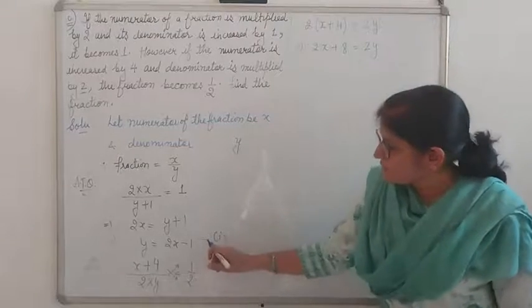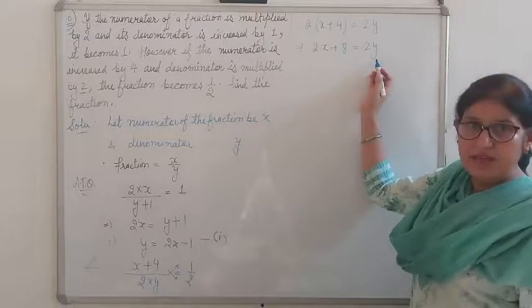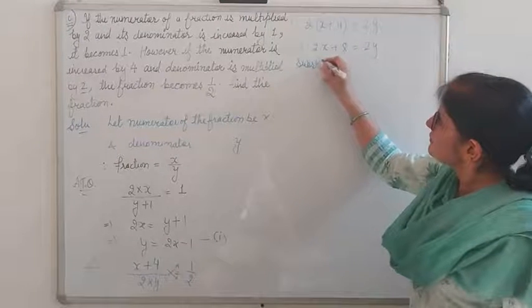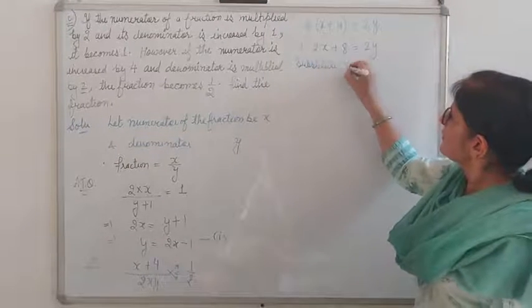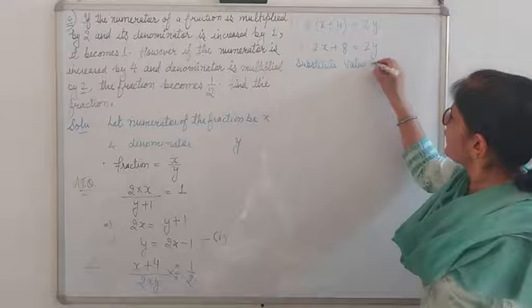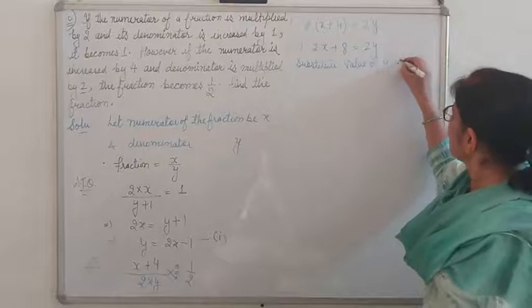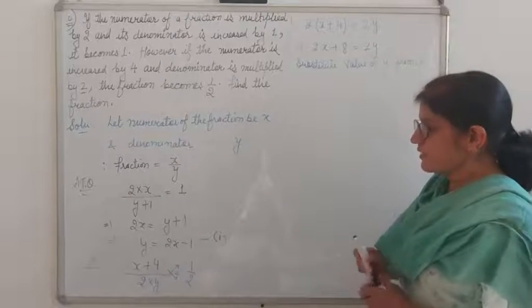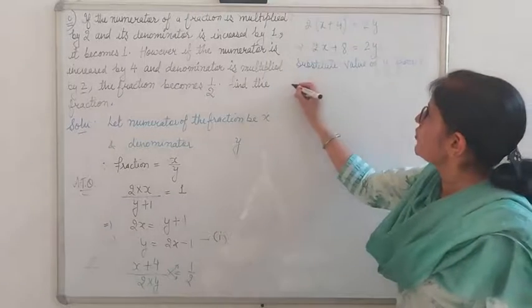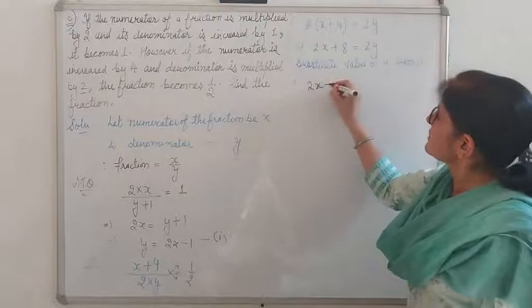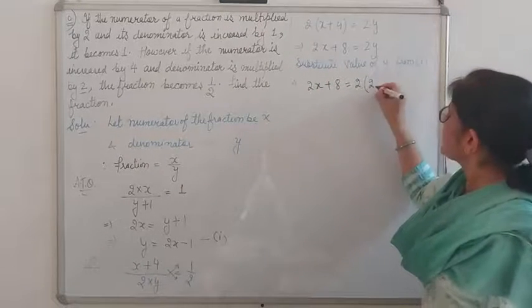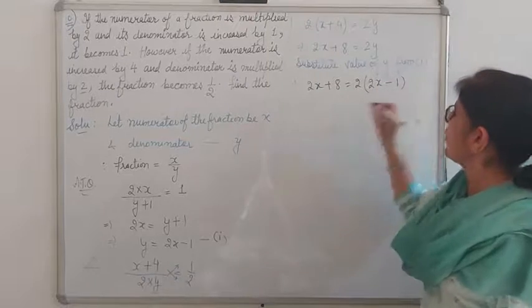So from here we can substitute the value of y from first. What is the value of y? 2x minus 1. So 2x plus 8 is equal to 2 into 2x minus 1.